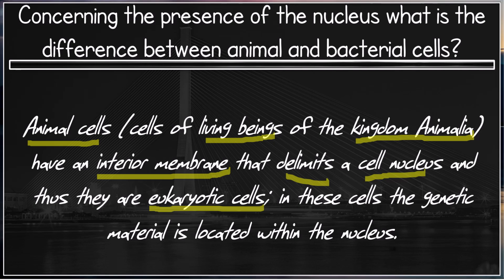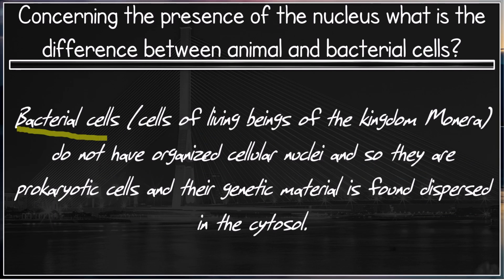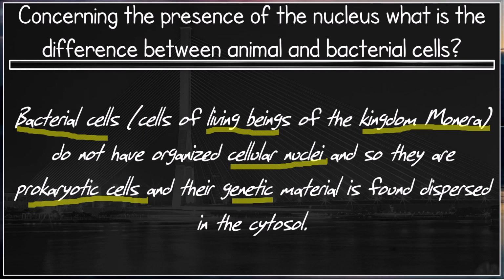In these cells, the genetic material is located within the nucleus. Bacterial cells, cells of living beings in the kingdom Monera, do not have organized cellular nuclei, so they are prokaryotic cells, and their genetic material is found dispersed in the cytosol.